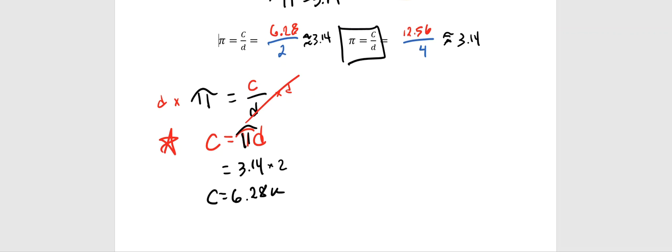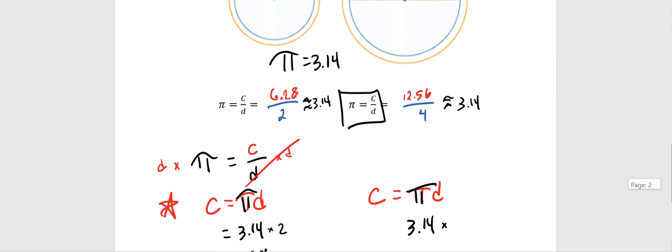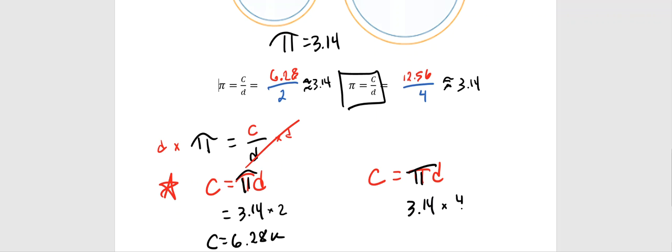Likewise, if I use the same formula over here, circumference equals pi times diameter. But once again, we're going to work with the fact that pi is known as 3.14, and we multiply it by the known diameter for that circle, 4.